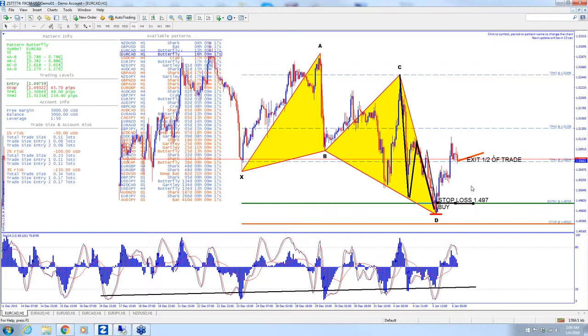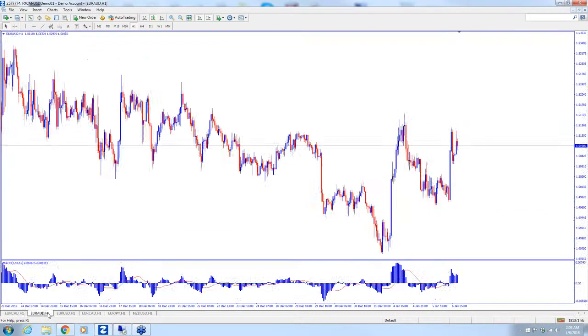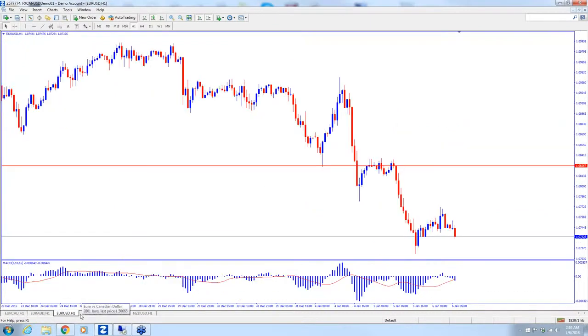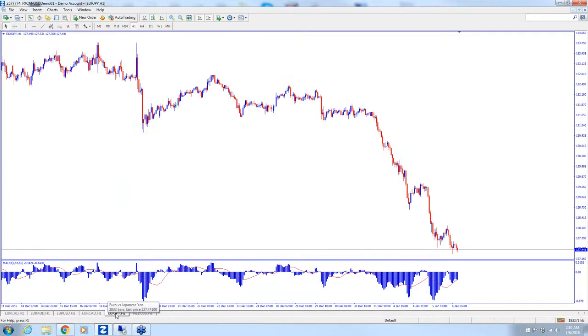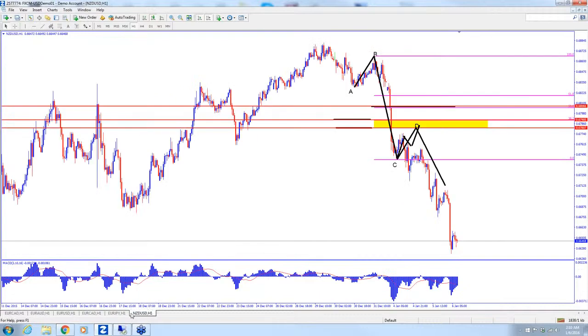So that's what I'd like to see the NZD get to. So if it continues to go lower, you're risking around 2%. So I do want to look at these different markets and see which would be the best.